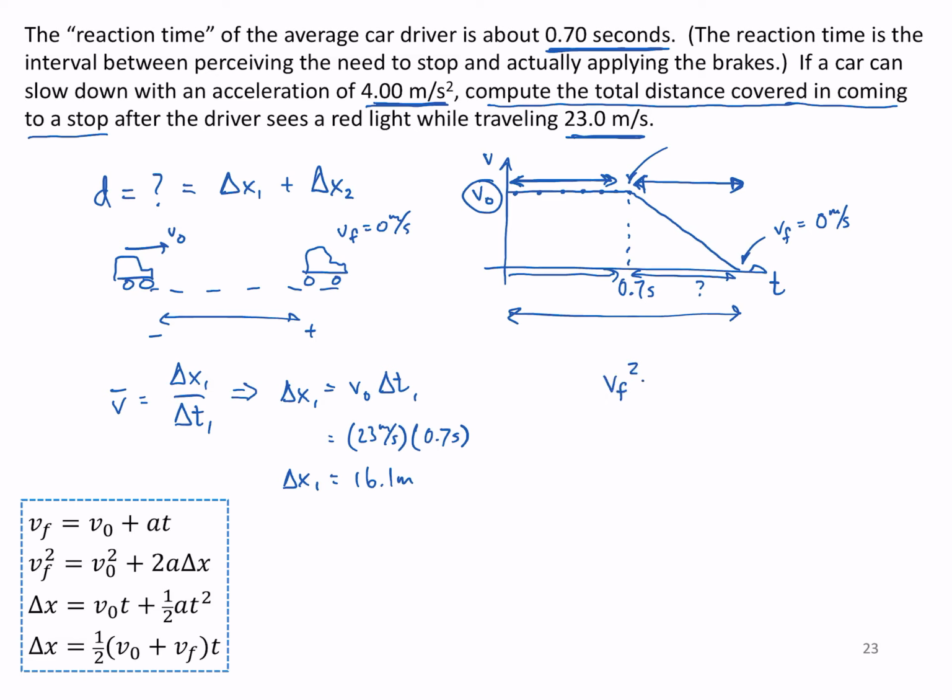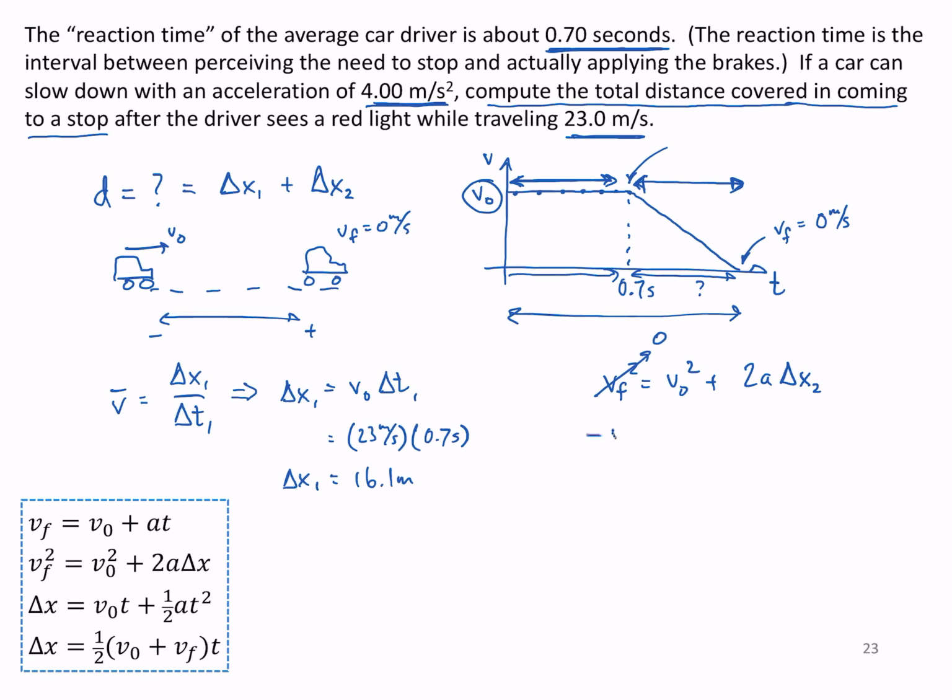So we're going to use the one equation of motion that doesn't involve time. And we'll use delta x2 because we're figuring out the second part of the total distance covered. It's a displacement, but all of the displacements are in the same direction, so we can just add them up to find the distance. Our final velocity is 0, so this side of the equation is going to be nice and simple. And then we just need to solve for delta x.